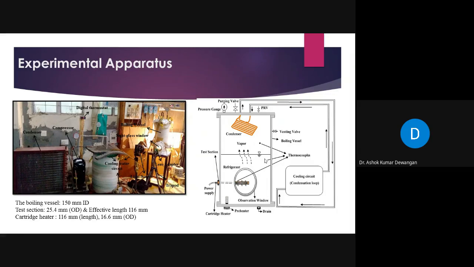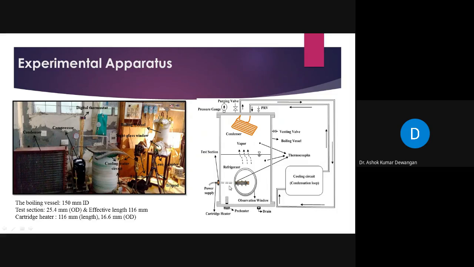In order to observe the boiling phenomena, observation windows were installed on opposite sides of the vessel. The tube is made of copper, where its diameter is 25.4 mm and its effective length is 116 mm, which is fitted with a stainless steel flange at one end of the vessel.